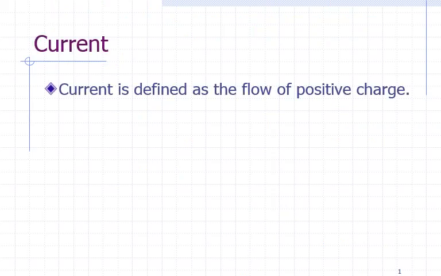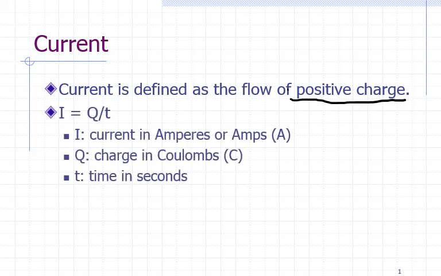All right. Okay, so current is defined as the flow of positive charge. And again, this is kind of reverse intuition because we know it's actually electrons going through, but when we define current, we define it as the flow of positive charge. And it's how many coulombs per second pass through.